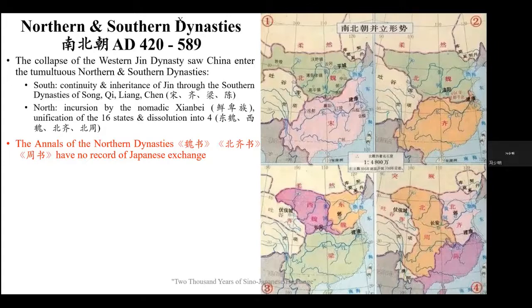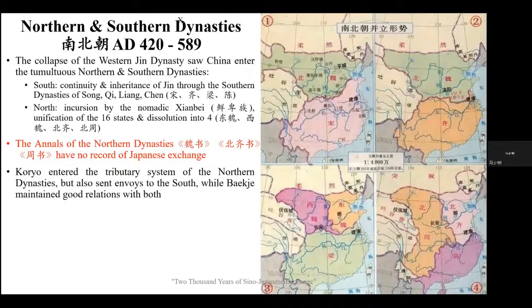In the records of the northern dynasties, there is no record of exchange with the Japanese people. At this moment, the Koryo entered the tributary system of the northern dynasties, but at the same time also sent envoys to the south, whereas Baekje maintained good relations with both.